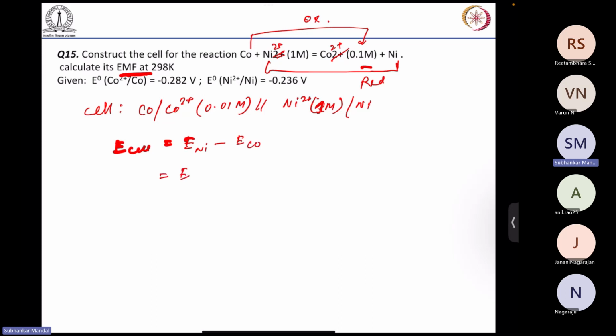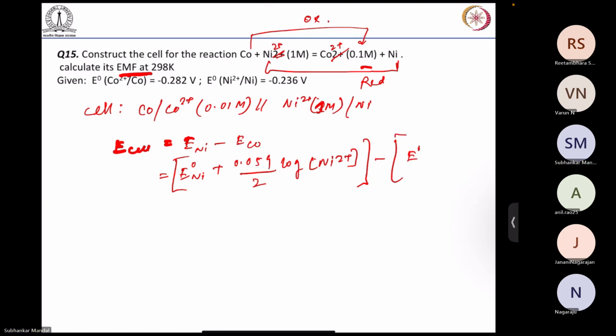For nickel we can write E naught of nickel plus 0.059 by 2, since this is a 2 electron process, log of the concentration of nickel 2+. And for cobalt we can write E naught of cobalt plus 0.059 by 2 log of cobalt concentration.